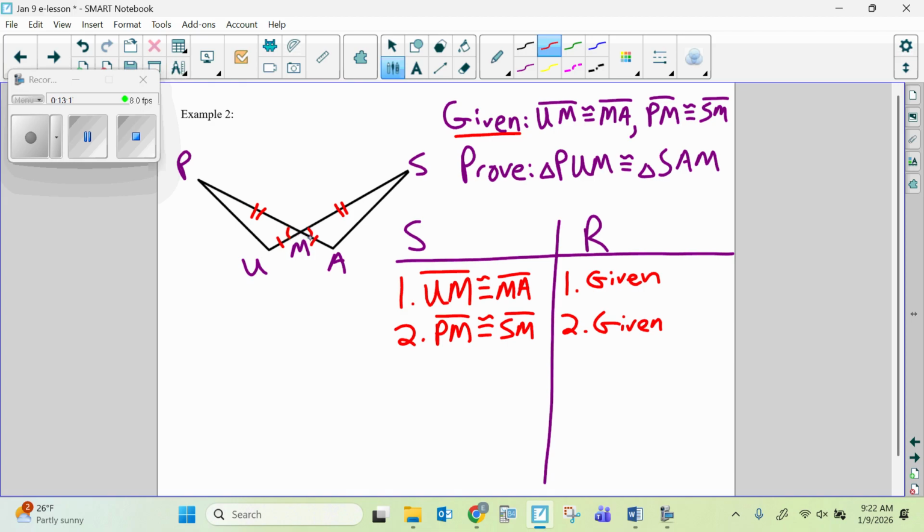So let's name that angle on the left side. I'm going to call it angle PMU. Is going to be congruent to the angle M that's on the right side there. So that's going to be angle SMA.